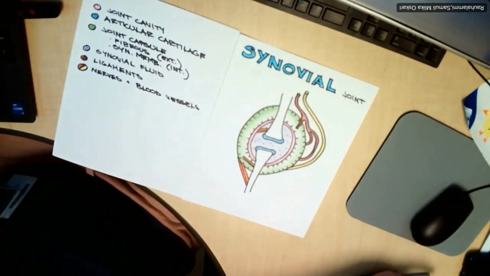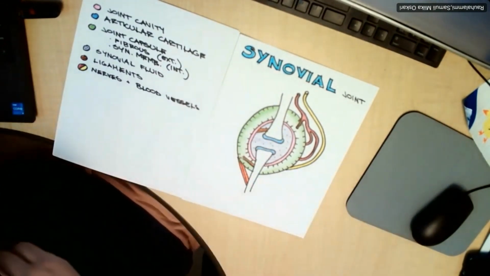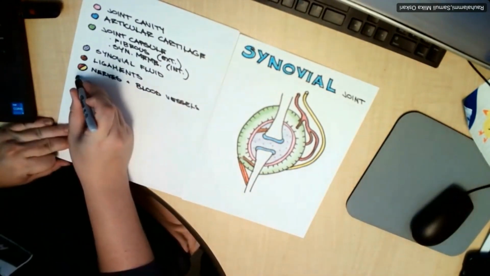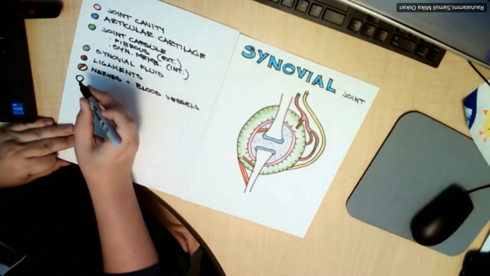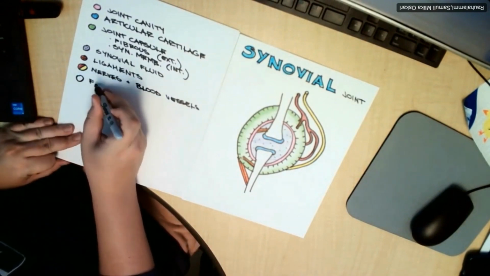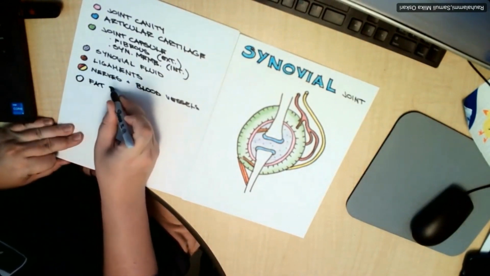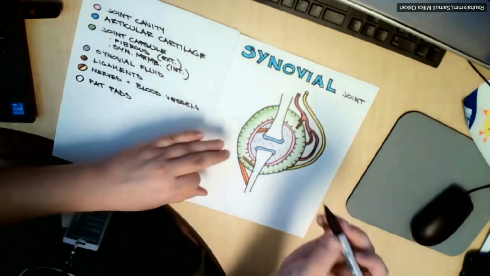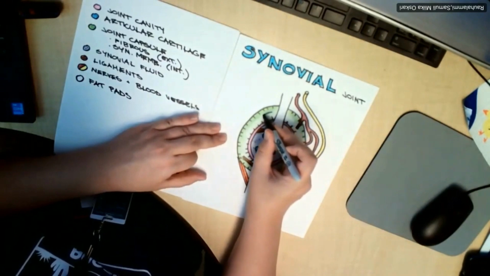I'm thinking, what else could we see? Well, sometimes we do see, within the joint capsule itself, fat pads embedded in there.